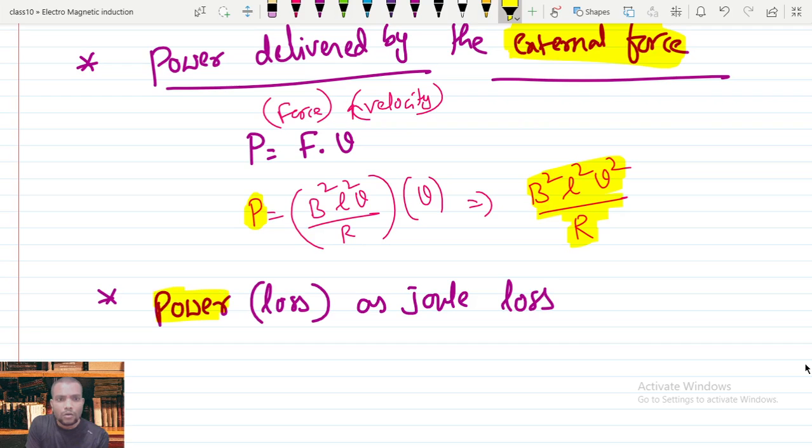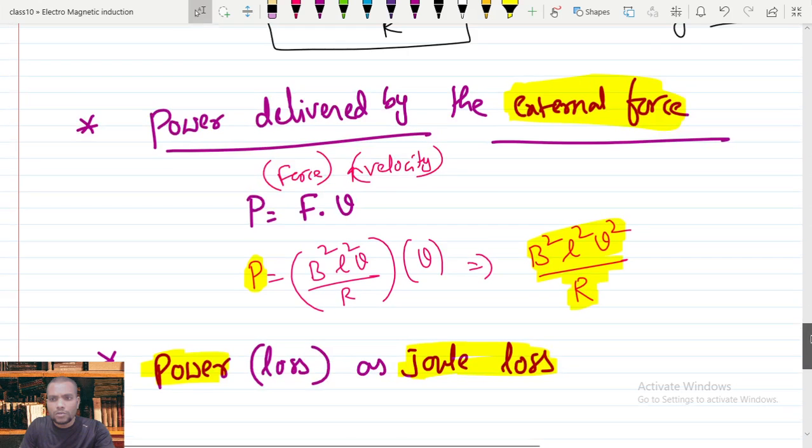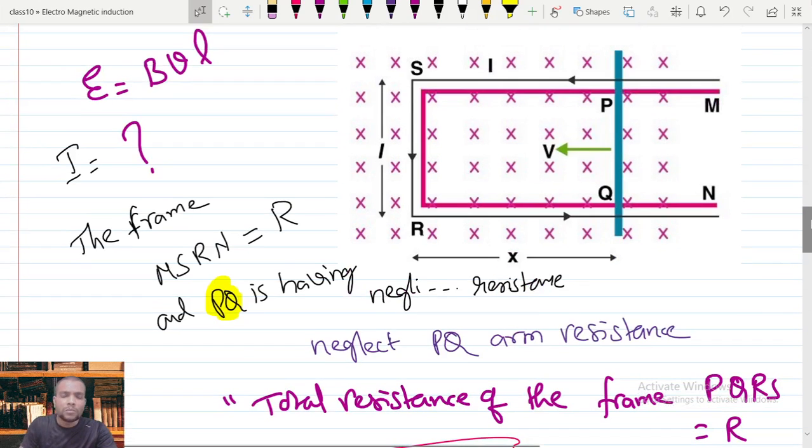Since two forces are acting in opposite direction, one is the force applied due to the external force to make the arm move, and one more force is the Lorentz force which pushes the arm to the left side. So here the two forces are acting. When two equal and opposite forces are acting, that causes some power loss here.